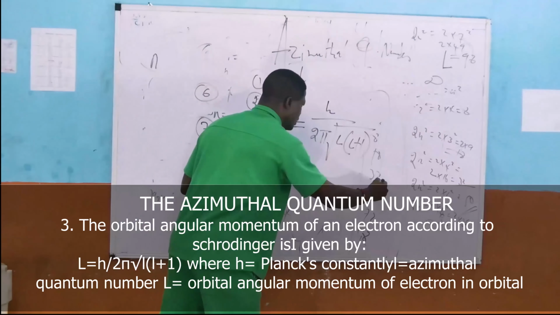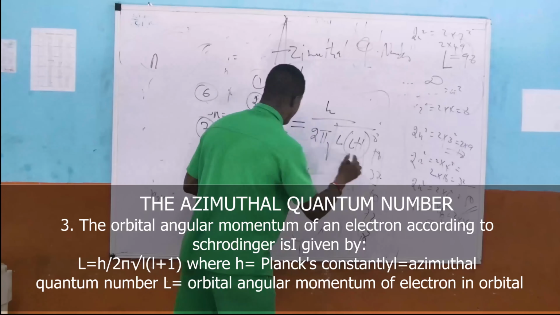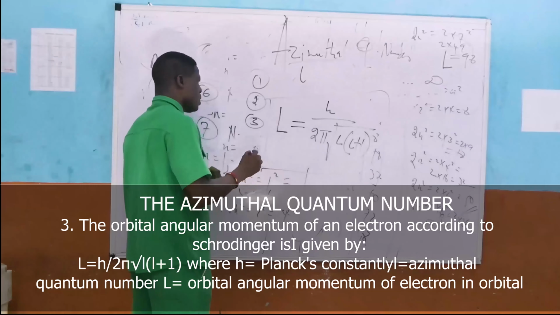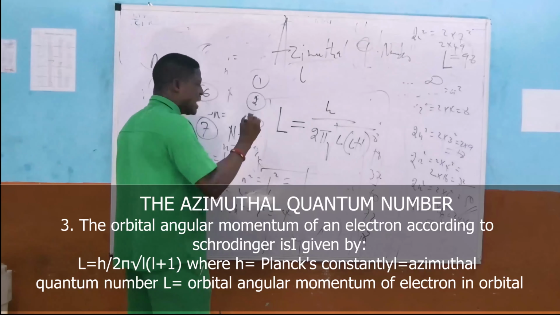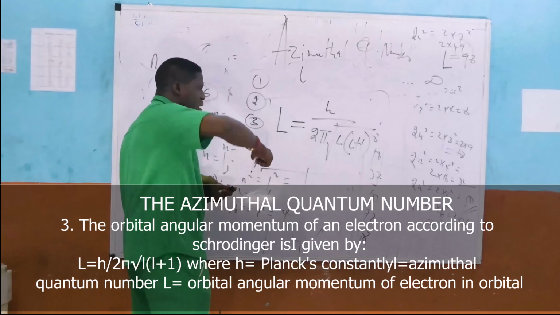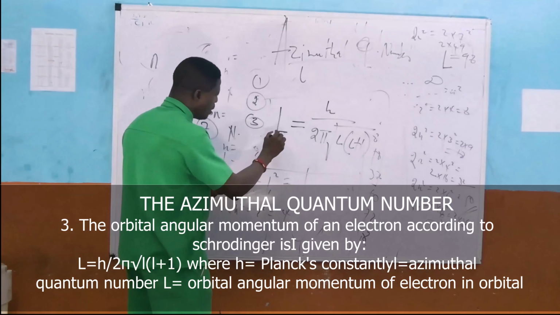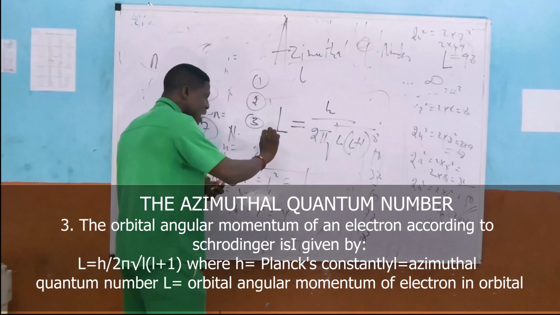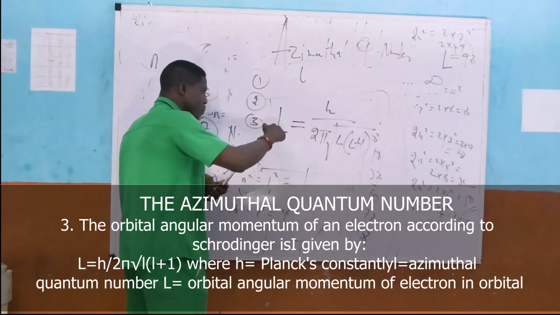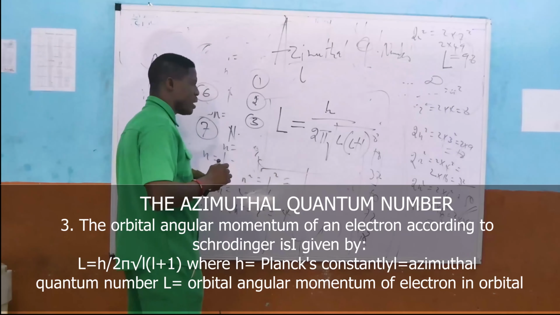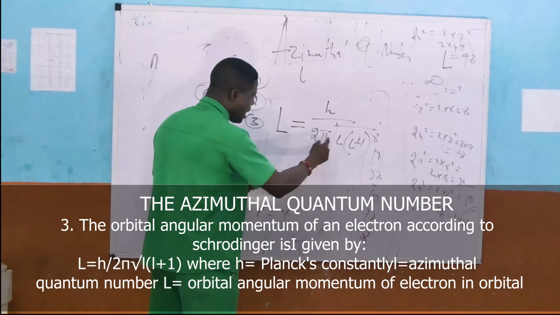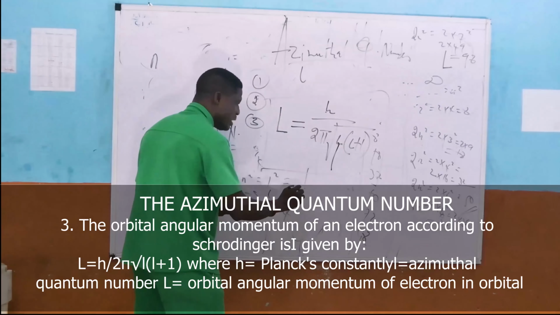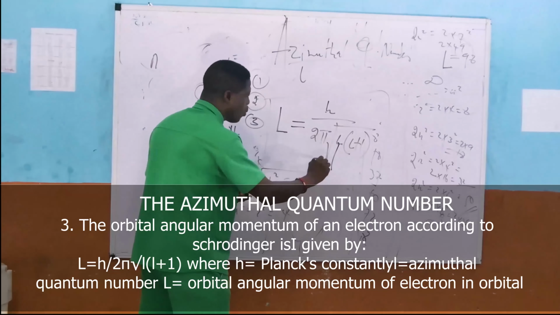This is a mathematical equation deduced by Erwin Schrödinger to compute the magnitude of the orbital angular momentum, where L is the angular momentum, h is the Planck constant, π is Archimedes' constant, and l is the angular momentum quantum number.